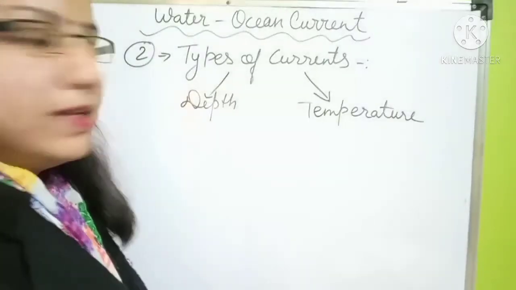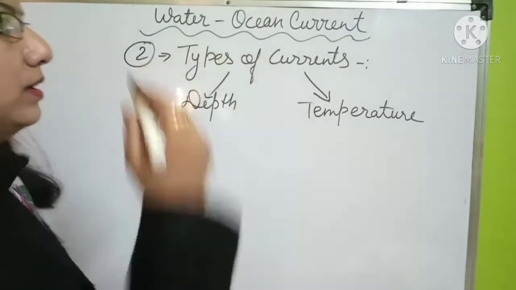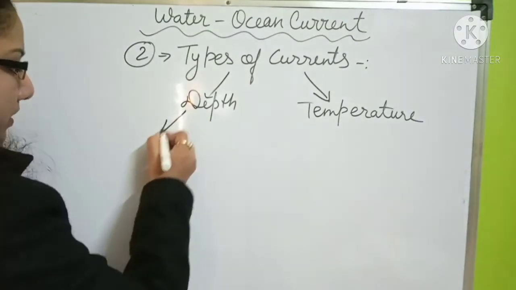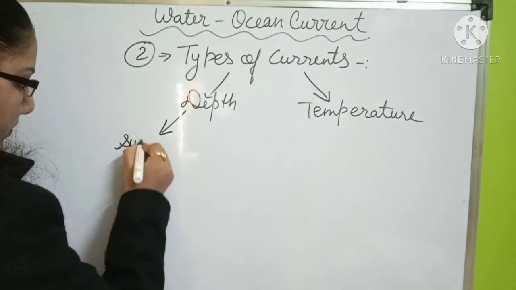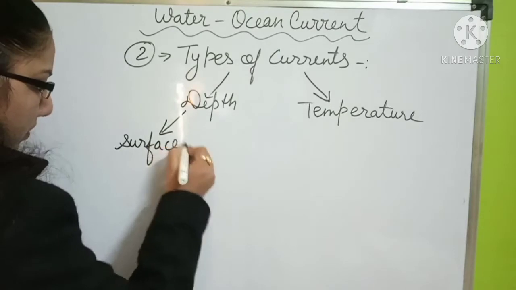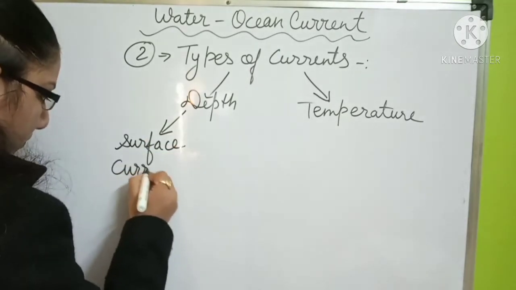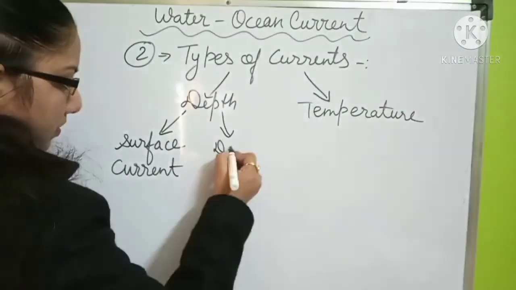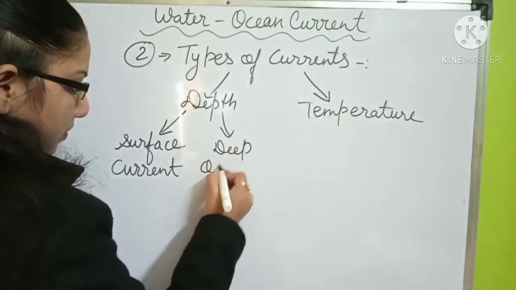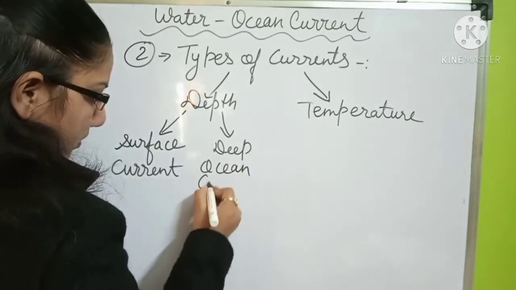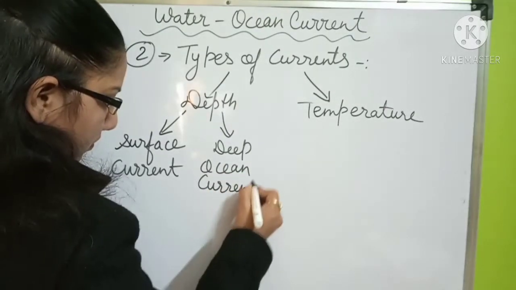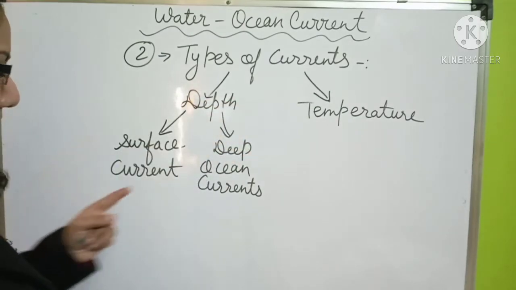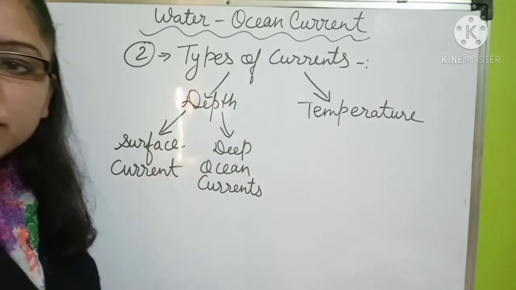On the basis of depth, the currents can be classified into two types: surface currents and deep ocean currents.